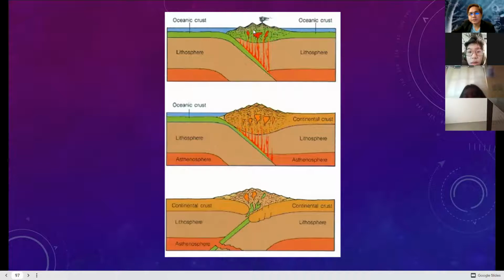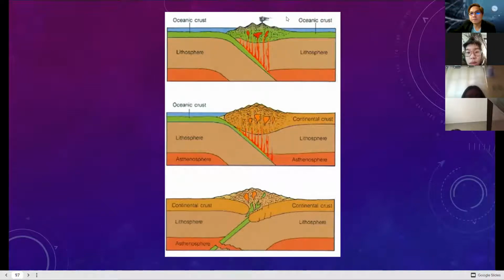All right. So this is an oceanic crust or oceanic plate and another oceanic plate. Okay. This is the subduction zone. The other one is much denser. Therefore, it actually subducts. This is oceanic convergence. Okay.